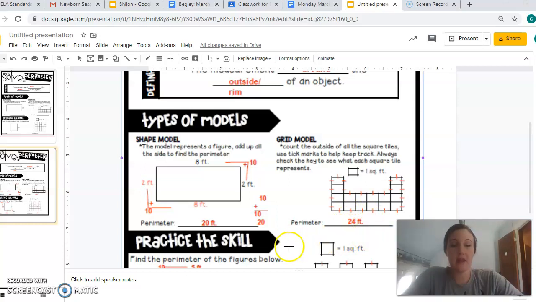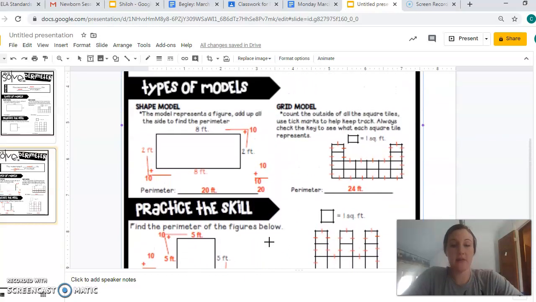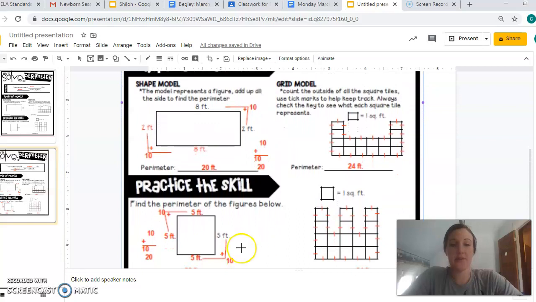Then down below, you're going to practice the skill and try to figure out, I'm going to try not to show you the answer. Find the perimeter of the figures below. So if this is 5 feet, they don't tell you the other ones, but you should be able to see they're all equal.